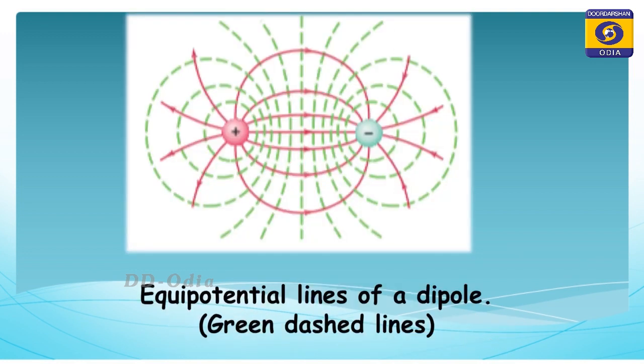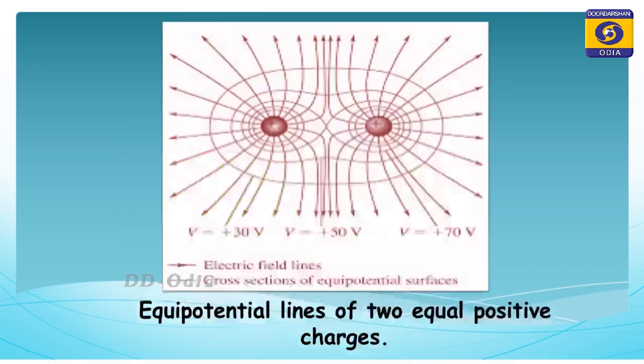Next is the dipole that I discussed, with green dashed lines also. Green dashed lines represent equipotential lines and the red lines are electric field lines. And here are the equipotential lines of two equal positive charges. You can see clearly here these are the shapes of equipotentials.